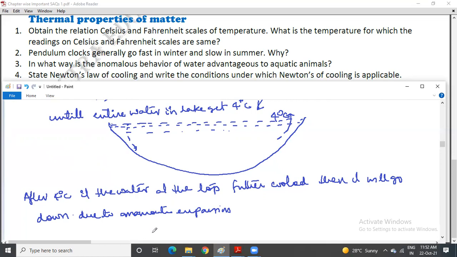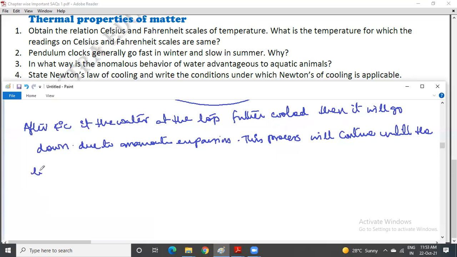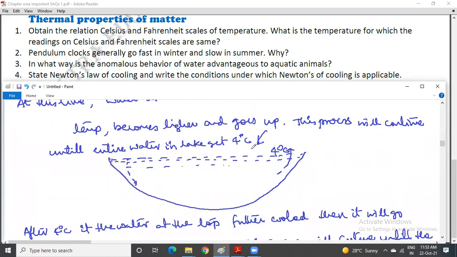This process will continue until the top layer gets 0 degrees centigrade. So now in the picture, the topmost layer will become 0 degrees centigrade.